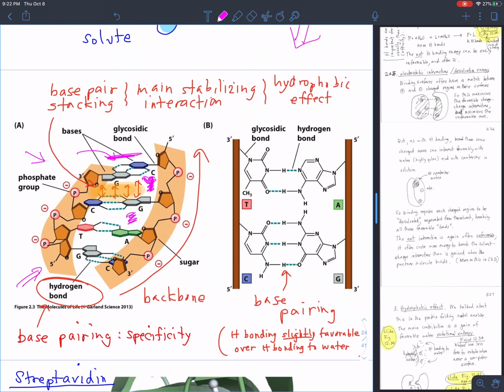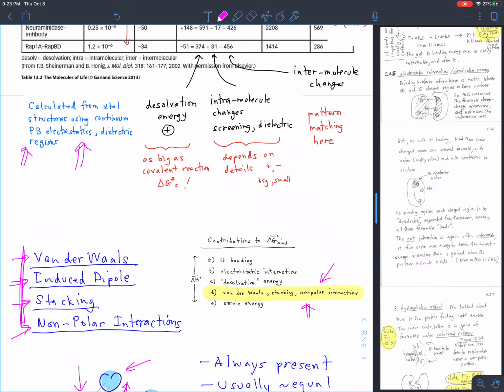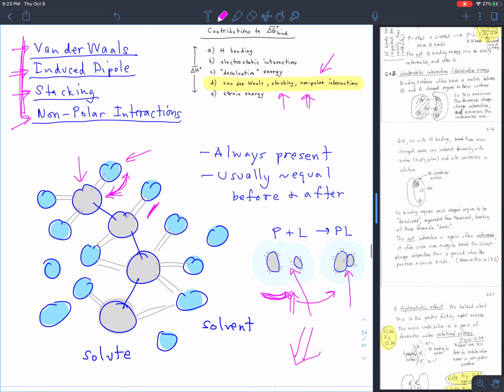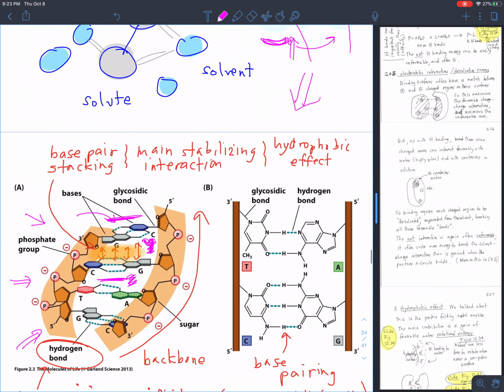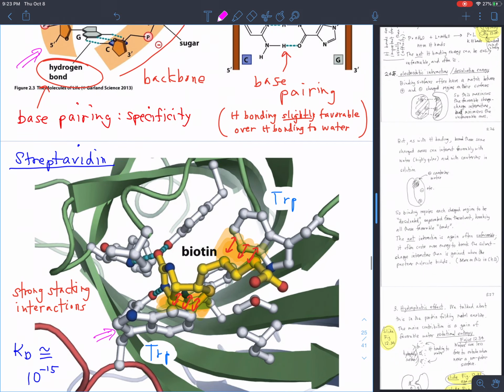Most of the contribution to the formation of the double helix, most of the free energy change that drives the formation of the double helix, is due to stacking interactions, not due to the hydrogen bonding. So that's an exception. That's a place where these nonpolar kinds of interactions, these stacking interactions, actually contribute a great deal to the actual formation of the complex.